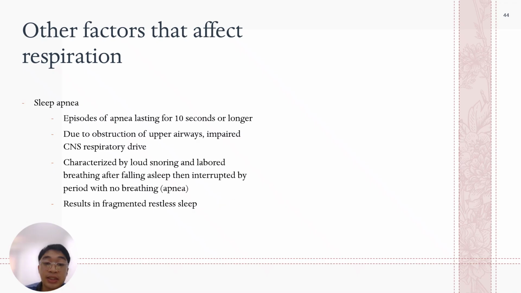This results in a fragmented, restless sleep, because the period of apnea will increase your partial pressure of carbon dioxide, and this triggers signals to the brain that you need to breathe. That is why you need to wake up, multiple times throughout the night.